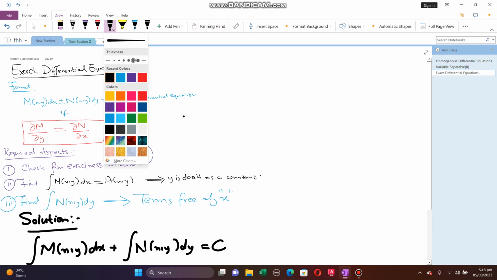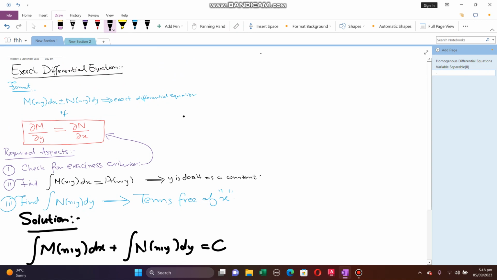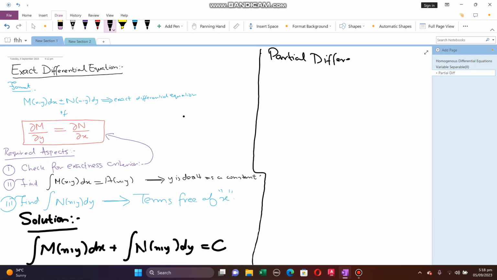So now we're going to have a bit of insight into partial differentiation. Basically, it is represented by this form.